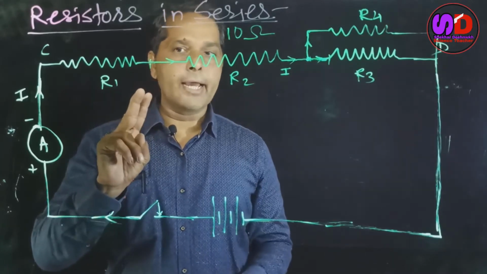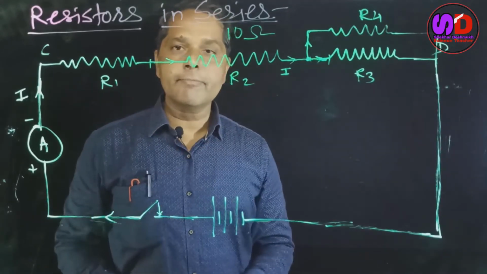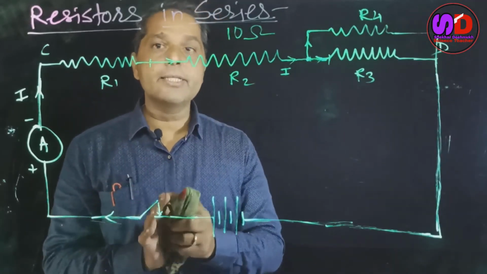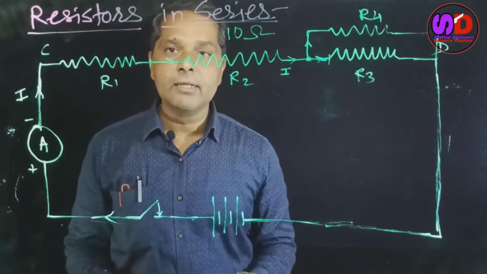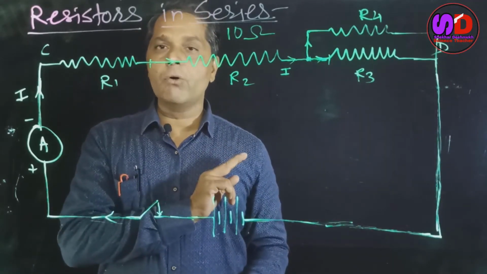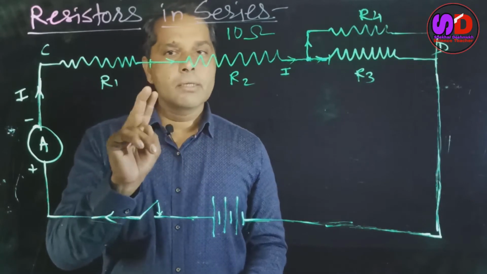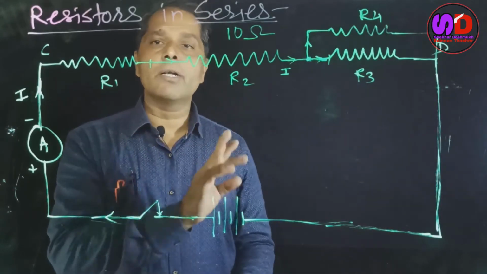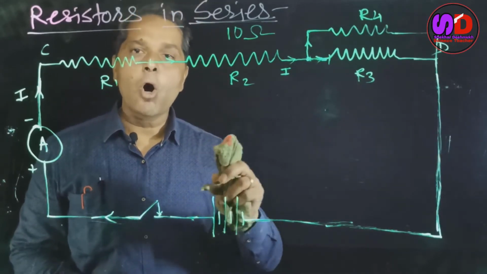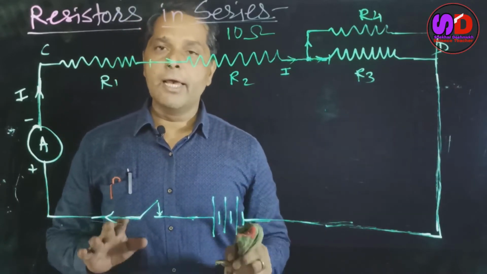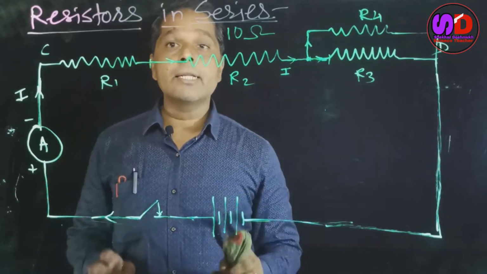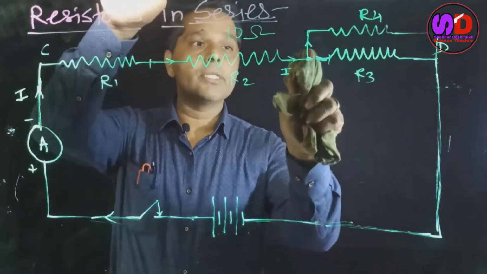So two criteria: head to tail combination, that means all the resistors should be connected one after another, and the second criteria is that the same amount of current is flowing through all the resistances. Then all these resistances are said to be in series combination.